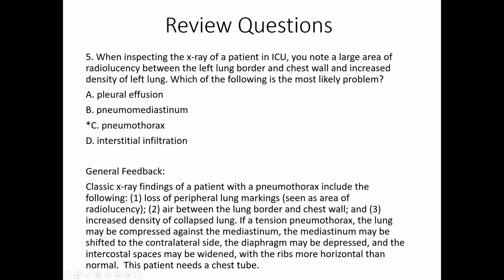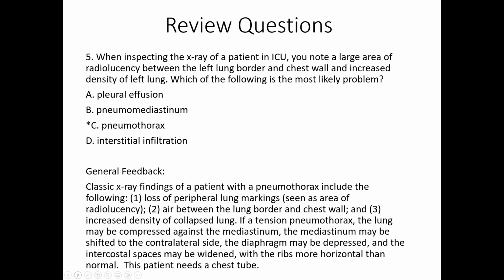While inspecting the X-ray of a patient in the ICU, you note a large area of radiolucency. So somebody had mentioned in the Q&A when we've given this presentation in the past that they wanted some review on X-rays. So radio-opaque, okay, radio-opaque would be white.